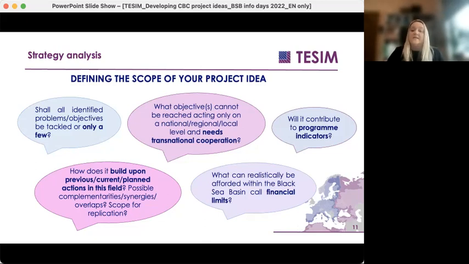Make sure that the objectives of your project are of transnational nature, that they require participation of the organizations from different countries, and also make sure that your project objectives are in line with those of the program, and that you are clearly contributing to the achievement of the program output and result indicators.